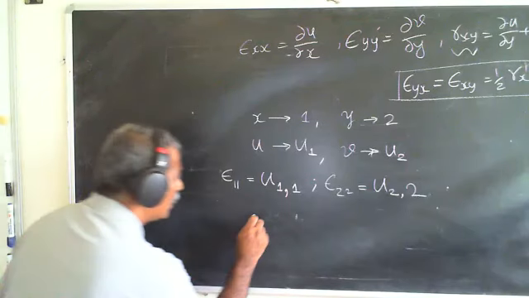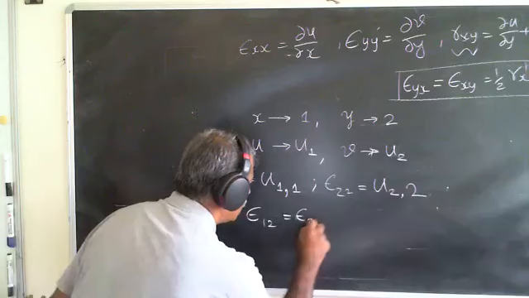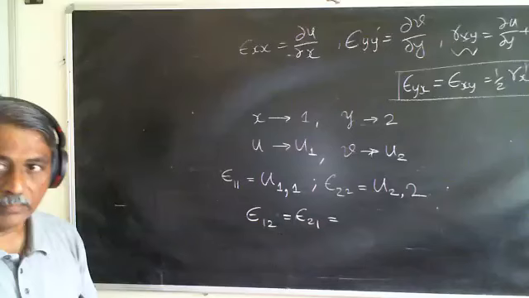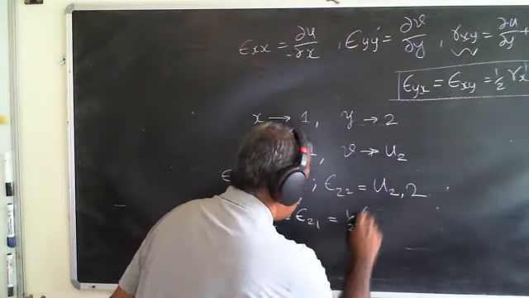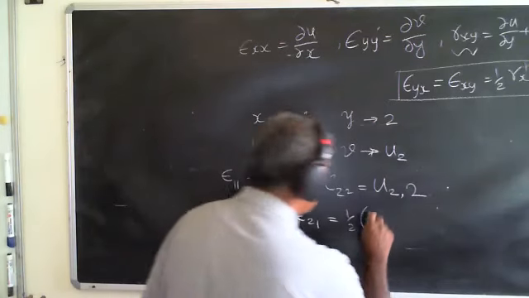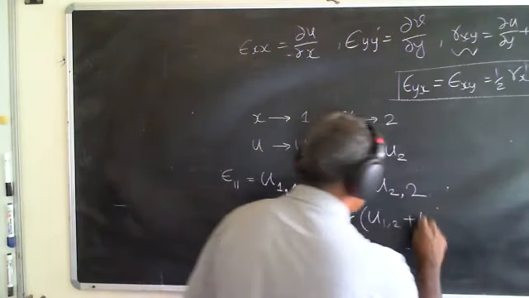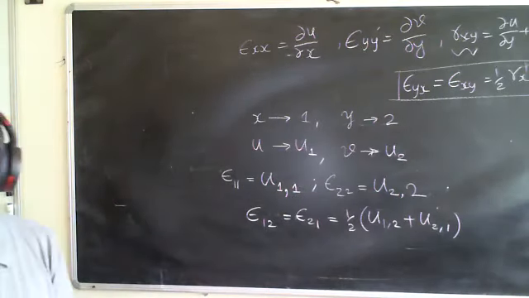How about epsilon 1, 2? It is half of u1 comma 2 plus u2 comma 1. Agreed? Yeah.